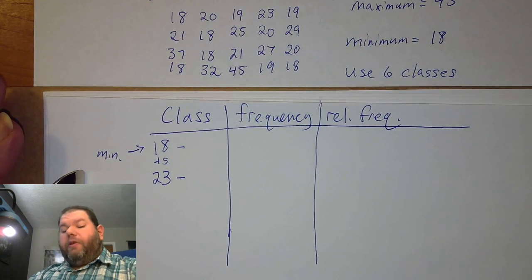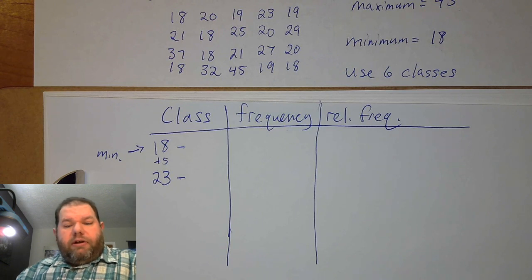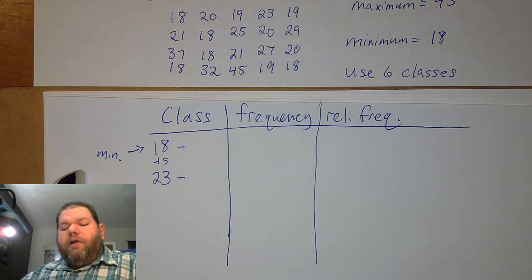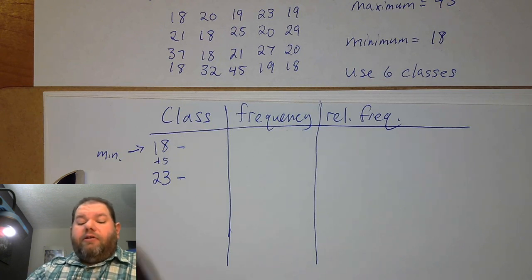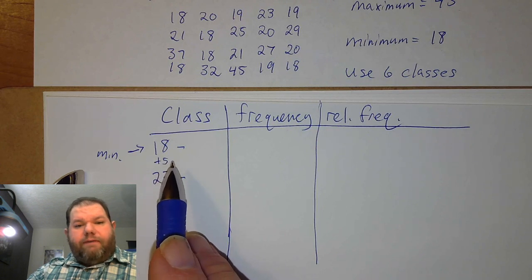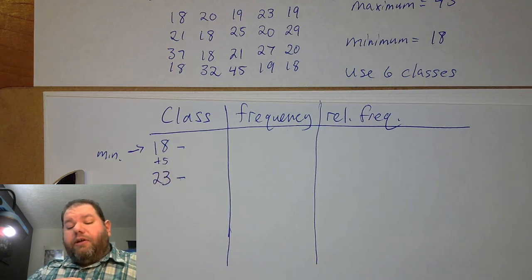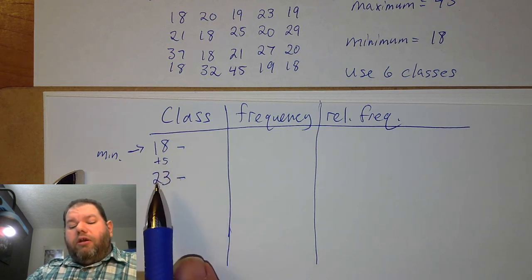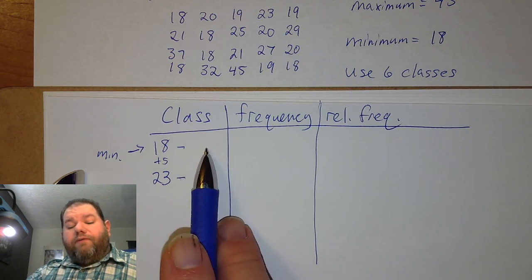Now when we call it a class of data values, this is actually a range of values. We know our first class starts at 18, and if we add our width 5, the second one starts at 23. If the second one starts at 23, where does the first one end?